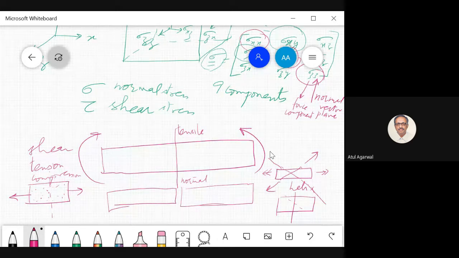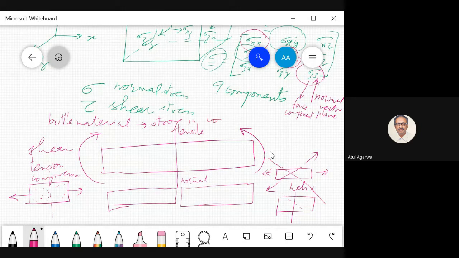And failures occur in different ways in different materials. For example, you take a brittle material. You will find it is very strong in compression. But it is weaker in tension.